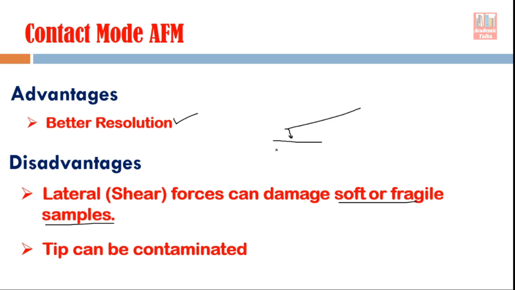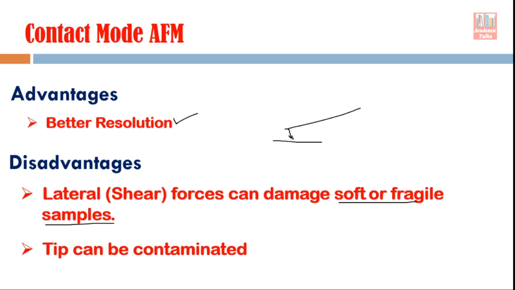So it can introduce some scratches into the sample. Suppose you have a thin film coated on some substrate, the film material is very soft, and you are doing this AFM scanning in contact mode. Since the gap between tip and film is very small, there are chances that this lateral movement of the tip will produce scratches on the material or remove material from that part.